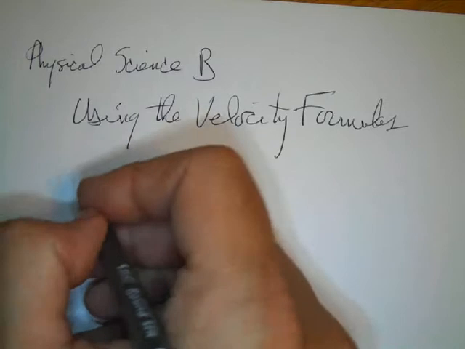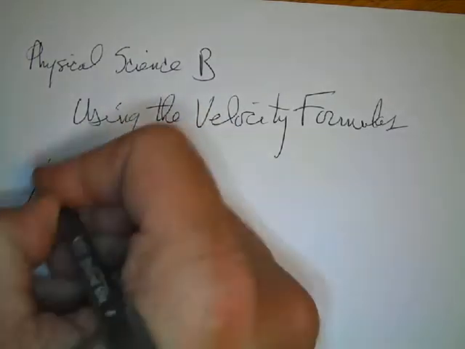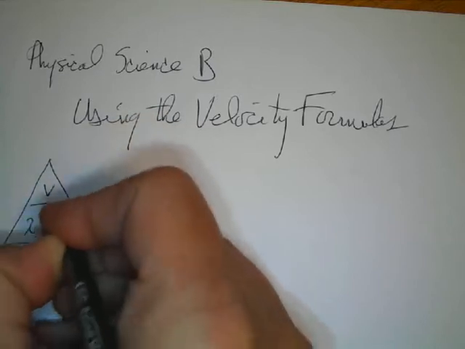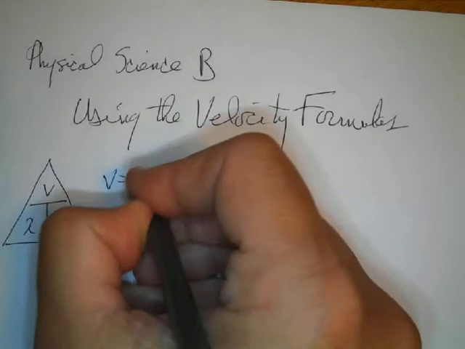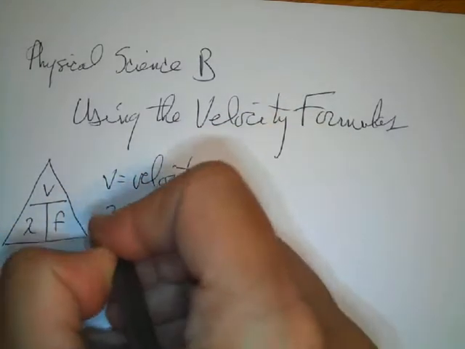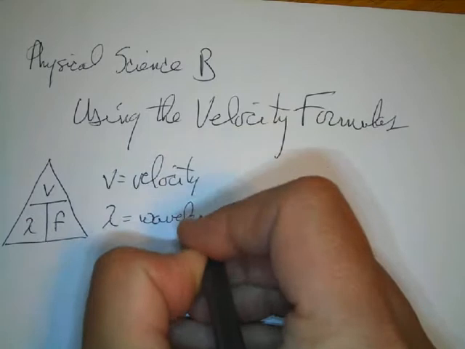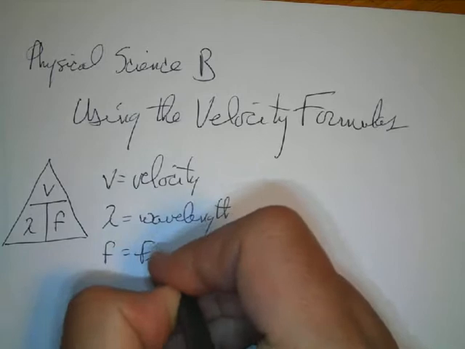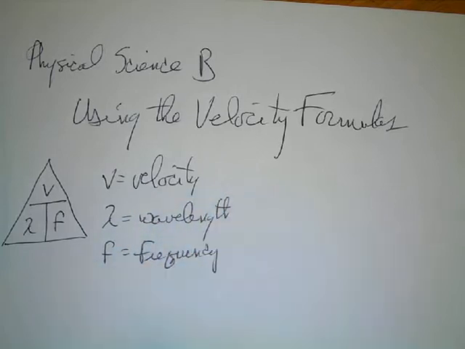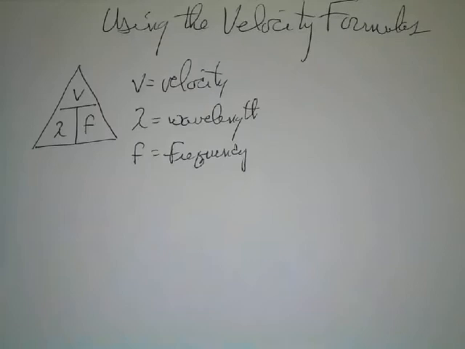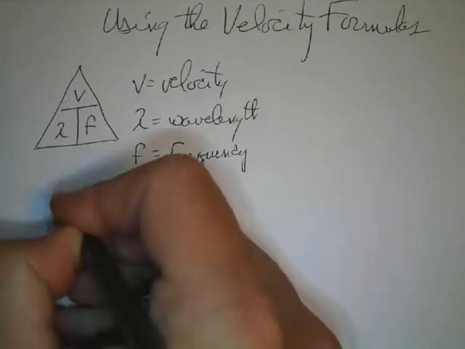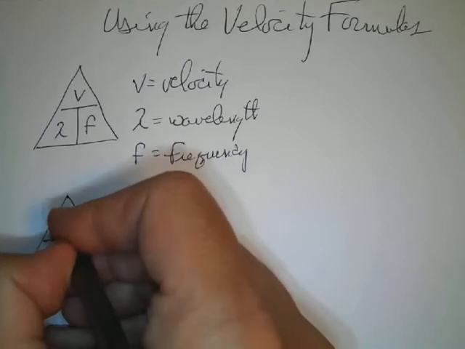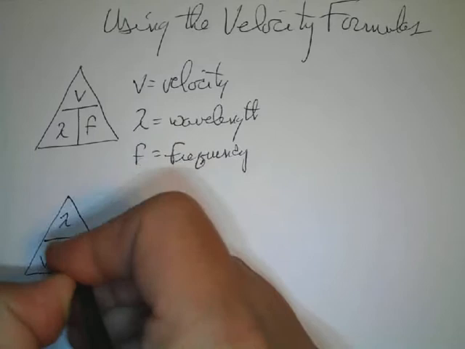In the first instance, I have this triangle, where v is the velocity, and it is equal to the wavelength times the frequency. And then I have my second equation, which says that velocity is equal to wavelength over period.